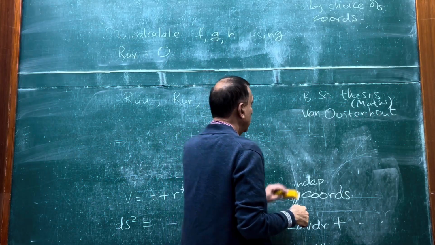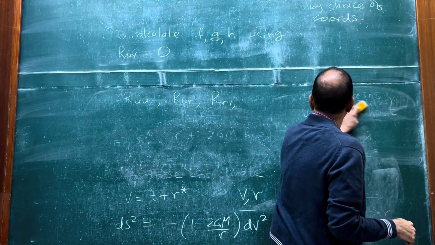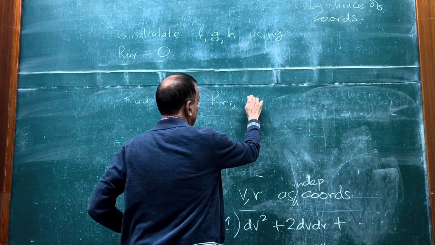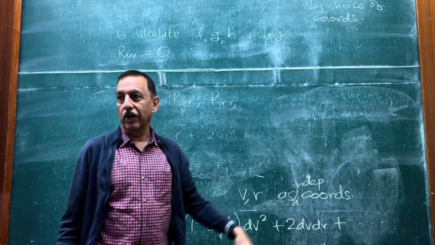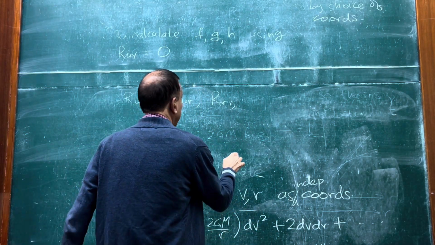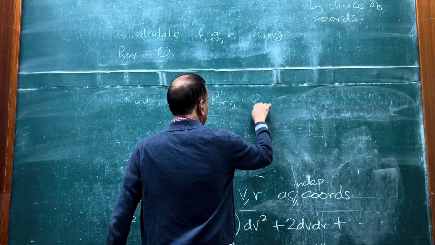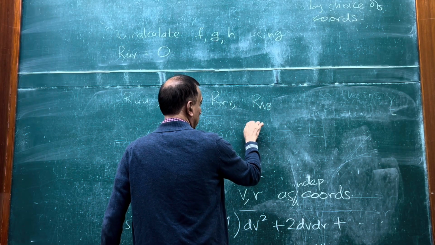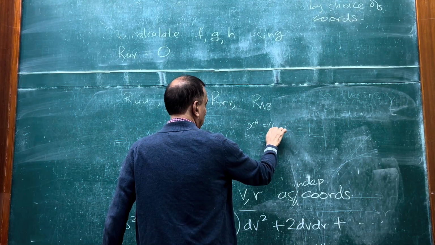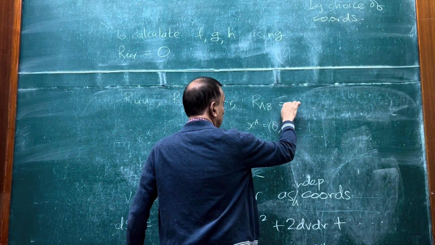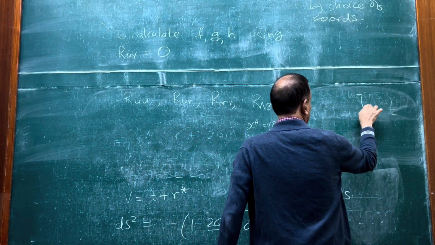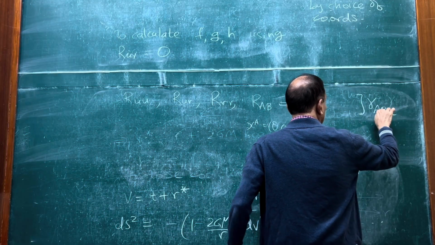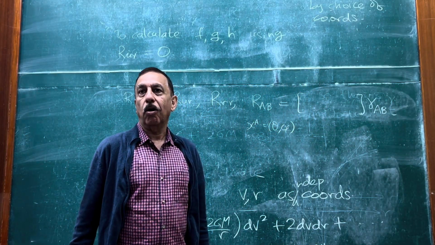Now then there is in principle R_θθ, R_θφ and R_φφ, but all of them can be encapsulated by saying that there is an R_AB, where the coordinates x^A are theta and phi. And this, by spherical symmetry again, has to be proportional to the metric of a two-sphere.